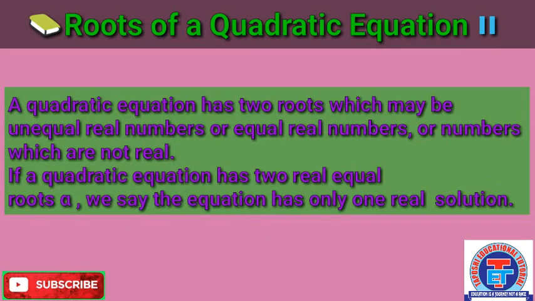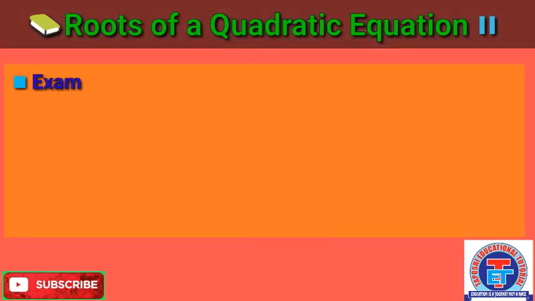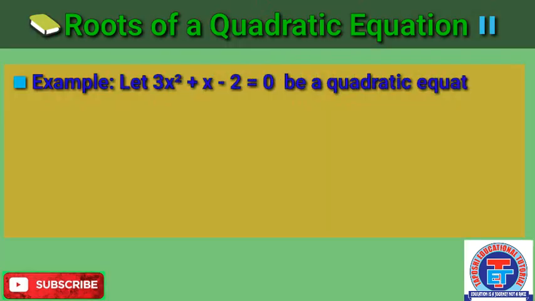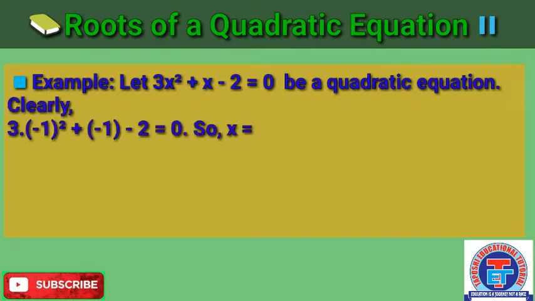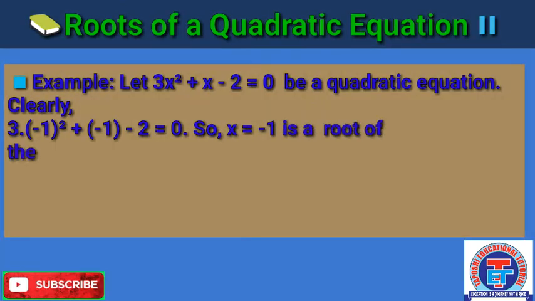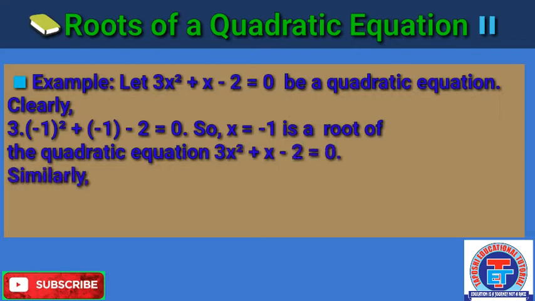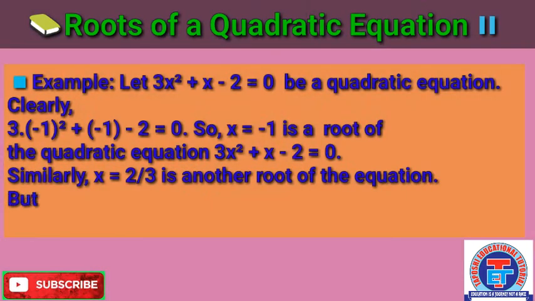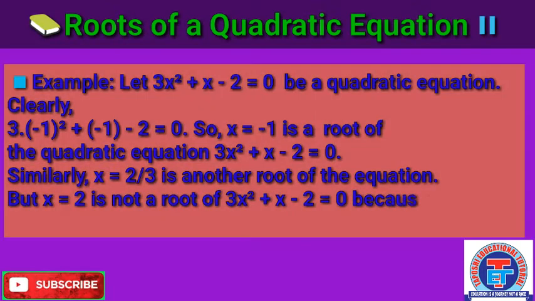Here we discuss with an example. Suppose 3x square plus x minus 2 is equal to 0 be a quadratic equation. Clearly, here 3 into minus 1 square plus minus 1 minus 2 is equal to 0. So x is equal to minus 1 is a root of the quadratic equation 3x square plus x minus 2 is equal to 0.